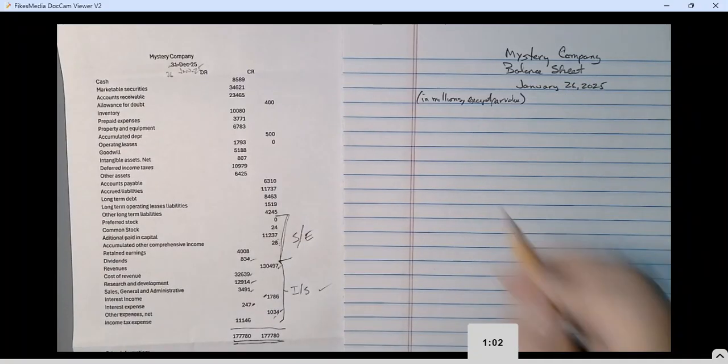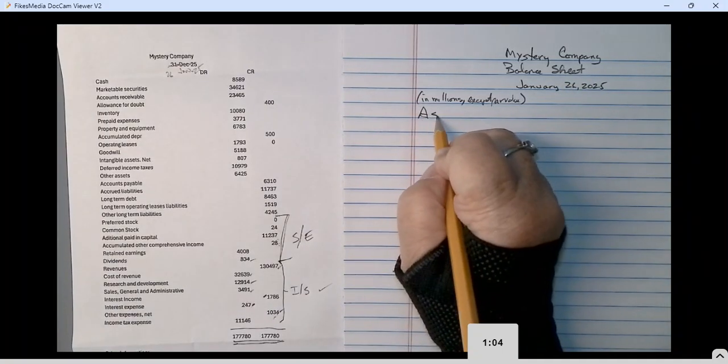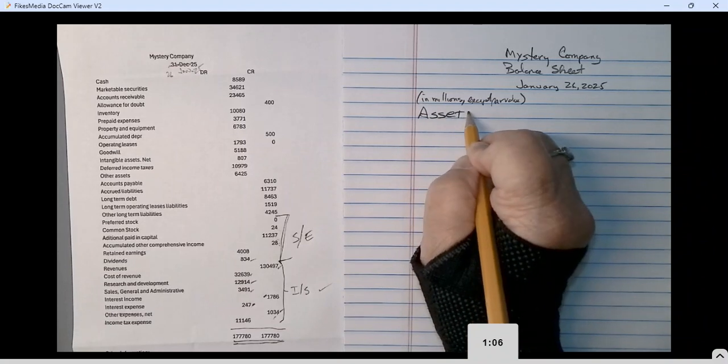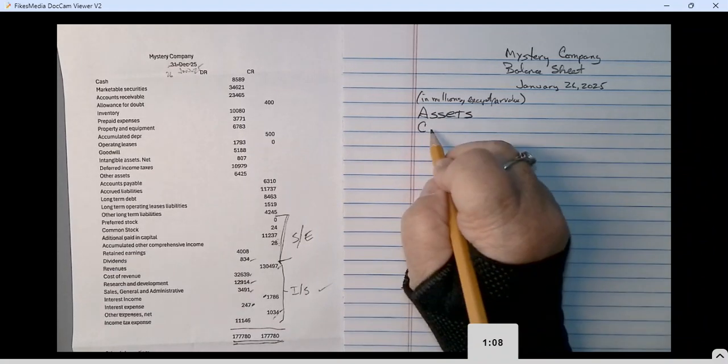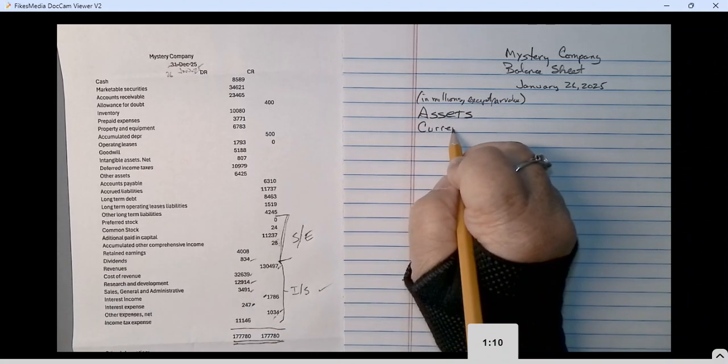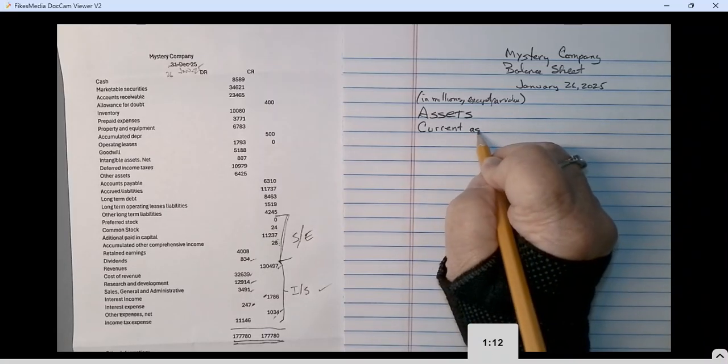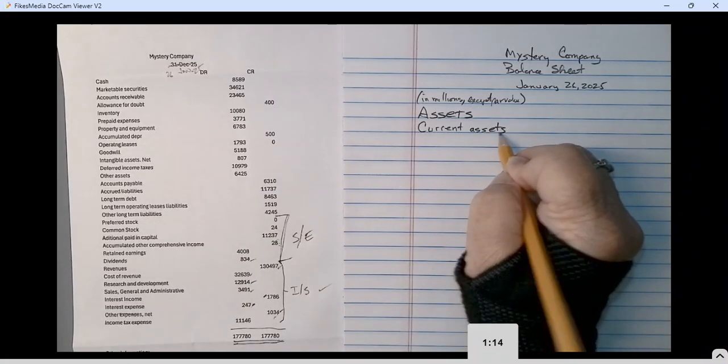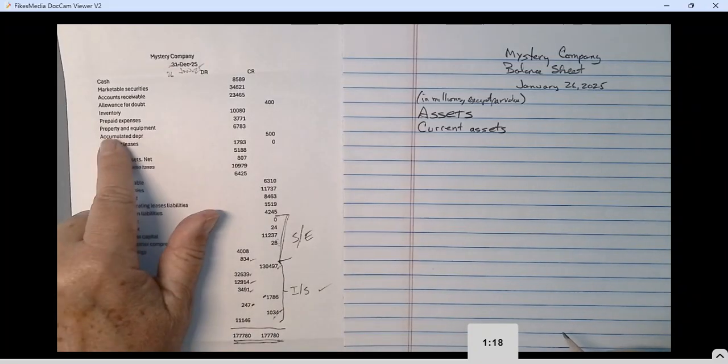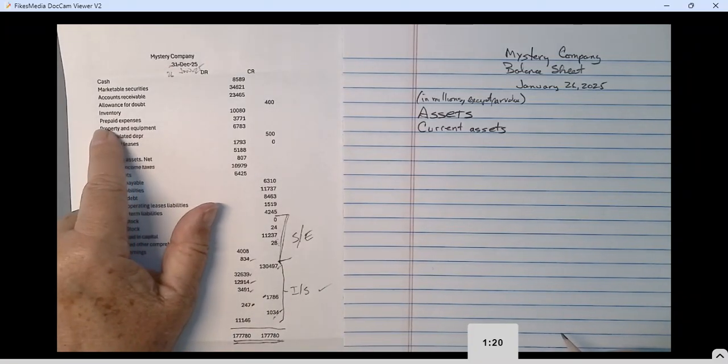Okay. Starting out with assets, I have a classified balance sheet. So my classified balance sheet is going to have current assets. They are going to be in order of liquidation, which is generally what's on the financial statement, what's on the trial balance in their order.